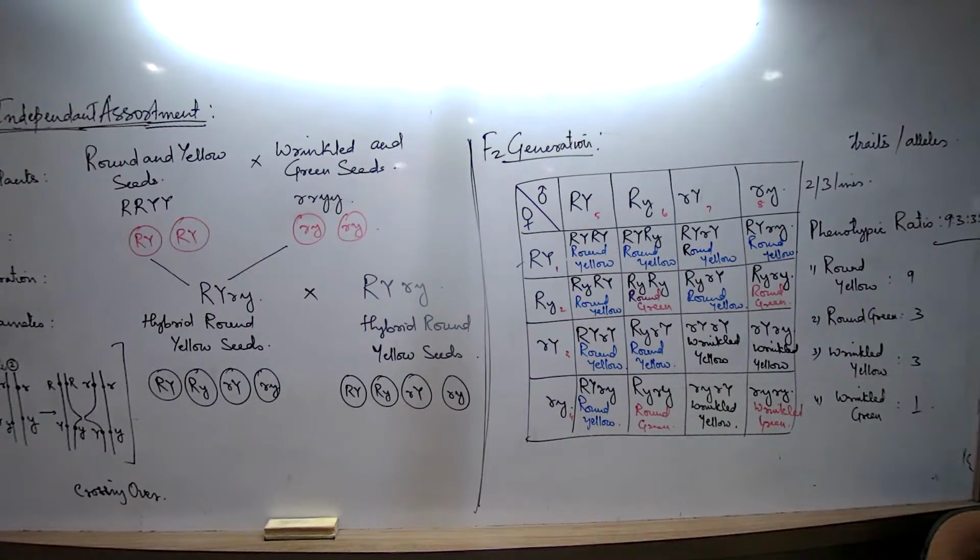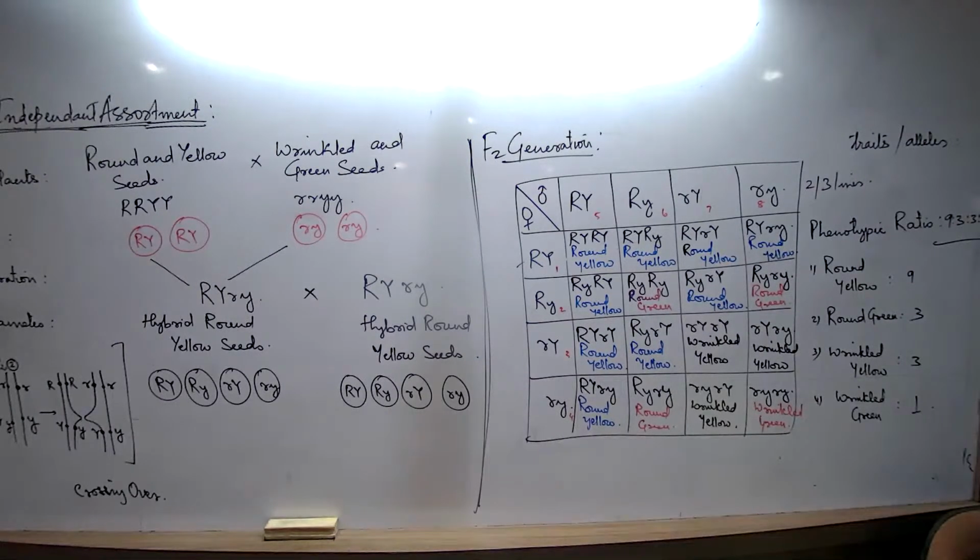Number 4, how many plants in the F2 generation have the parental phenotypes? 2 lines for the answer.